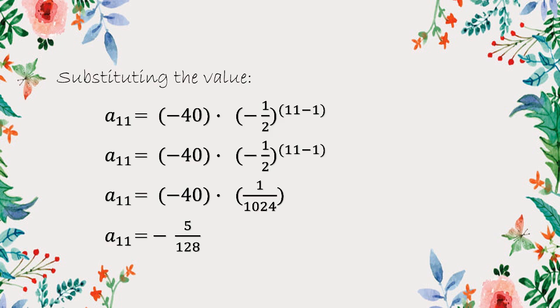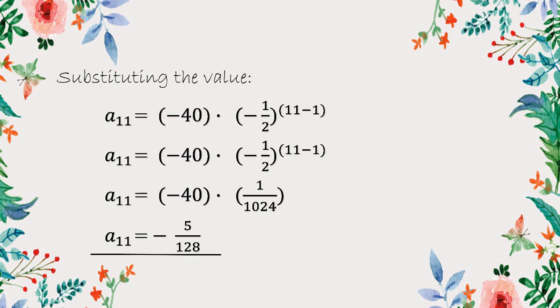So substituting the values, we have a sub 11 is equal to negative 40 multiplied by negative 1 half raised to 11 minus 1. So a sub 11 is equal to negative 40 multiplied by negative 1 half raised to 10, since 11 minus 1 is 10. Next, negative 1 half raised to 10 would be 1 over 1024.